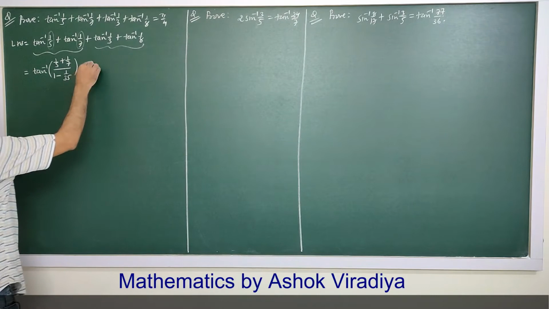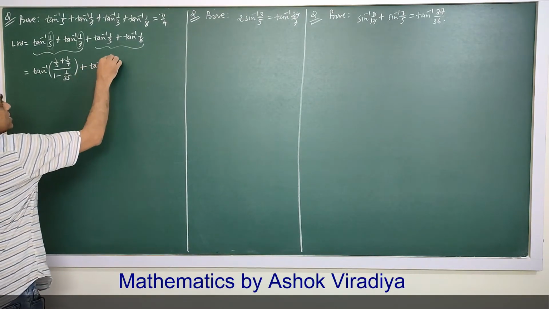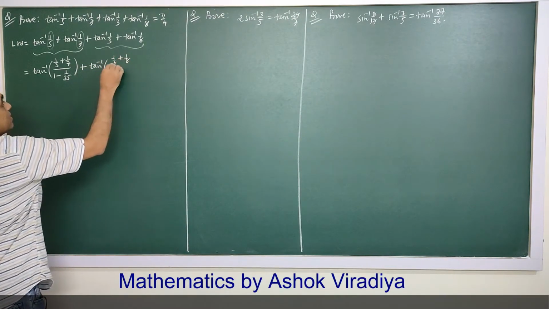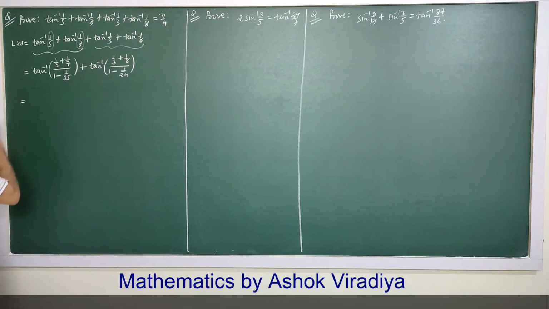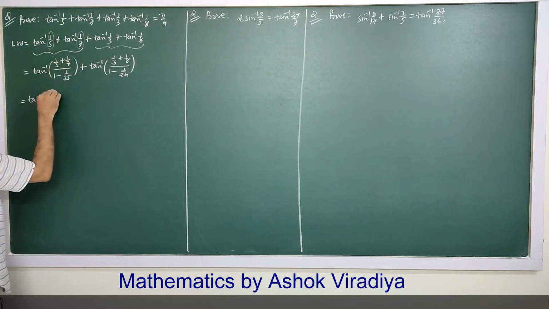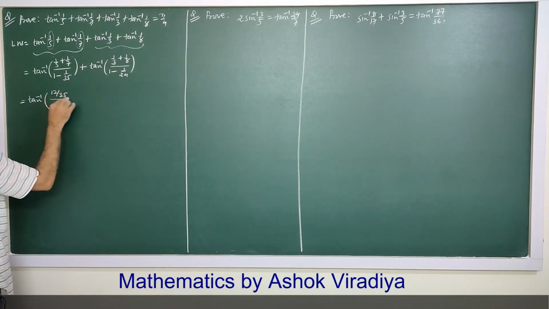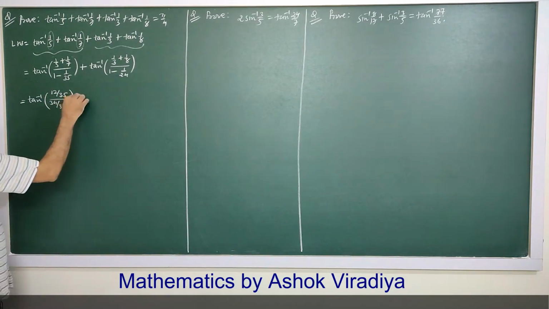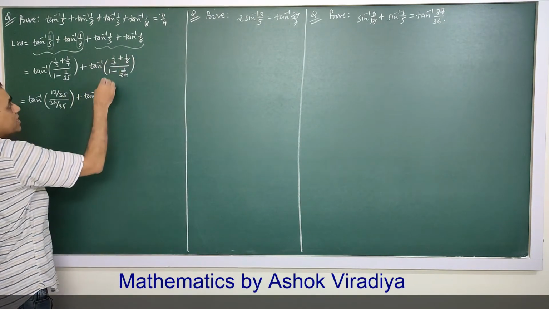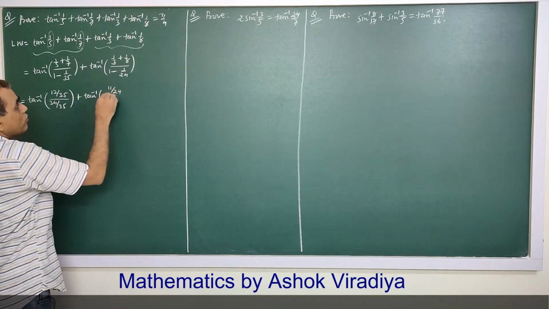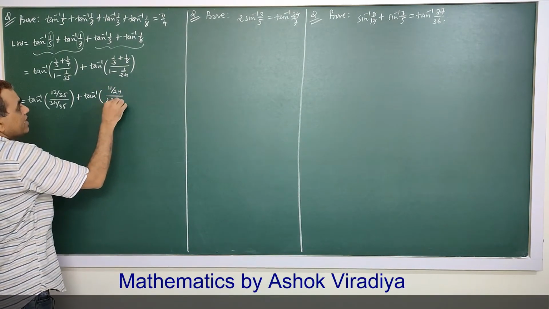So applying the same formula and simplifying, tan inverse of 7 plus 5, 12 by 35, upon 34 by 35, plus tan inverse of 8 plus 3, 11 by 24, upon 23 by 24.